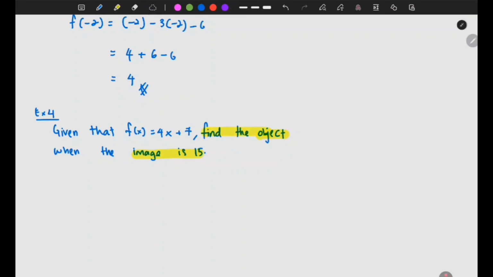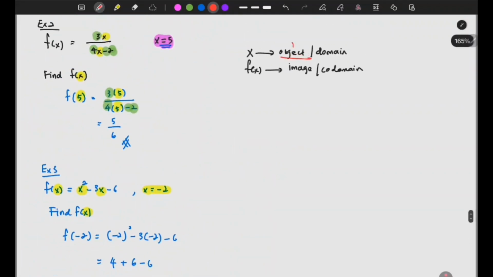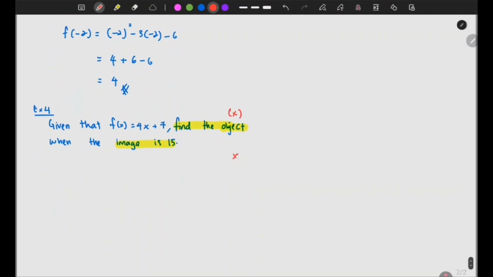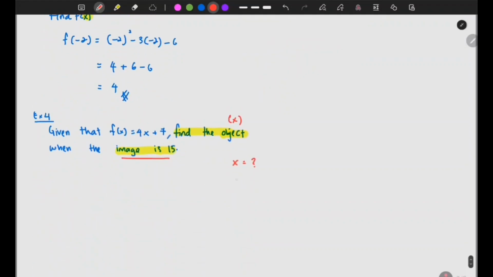What is object? I told you just now, object is x. So they ask you to find x. When the image is 15, what is my image? My f(x). So f(x) is 15.